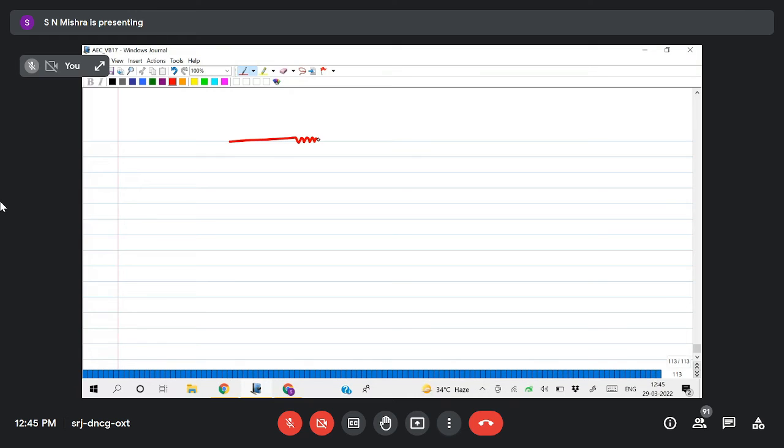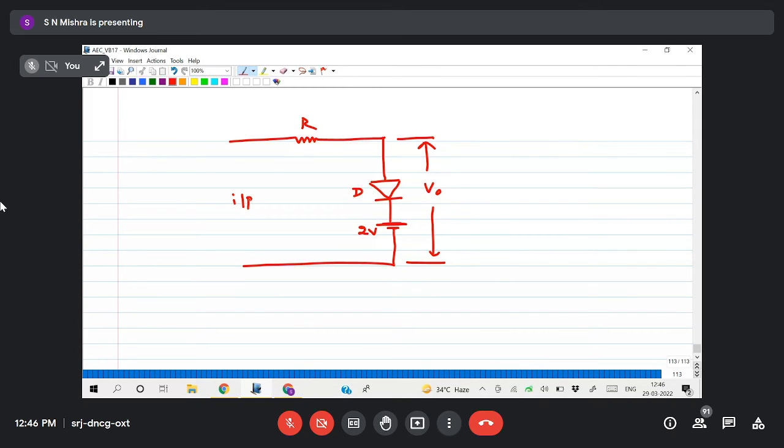So I take a resistor, then one diode, then across the diode I'll take one voltage source of 2 volt. Take an ideal diode, input, here output, and the input will be, let us take a sine wave again, t, 0, 10, minus 10.